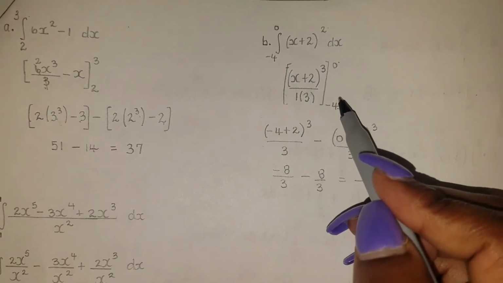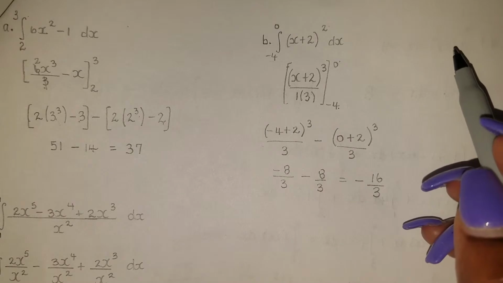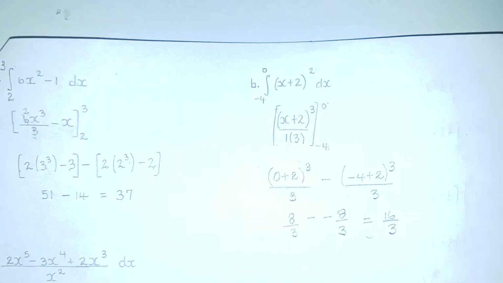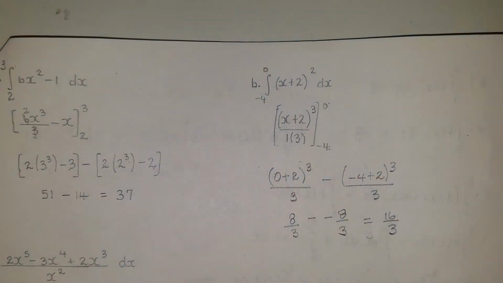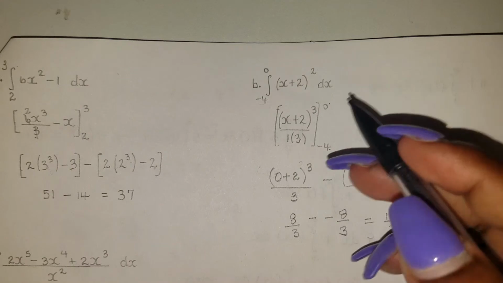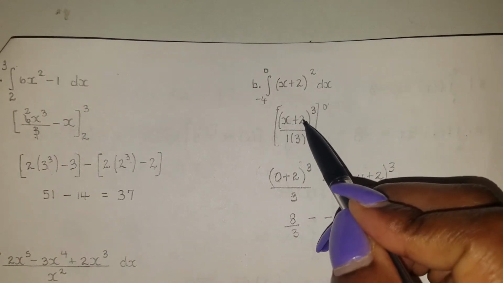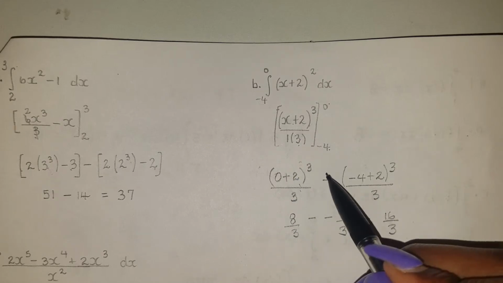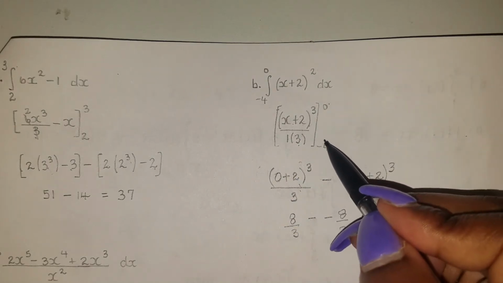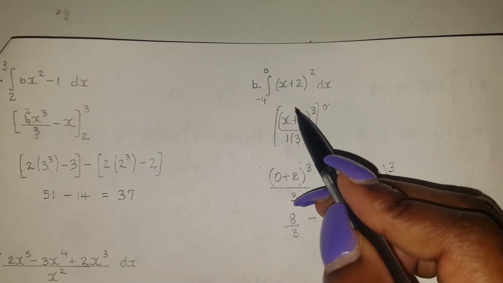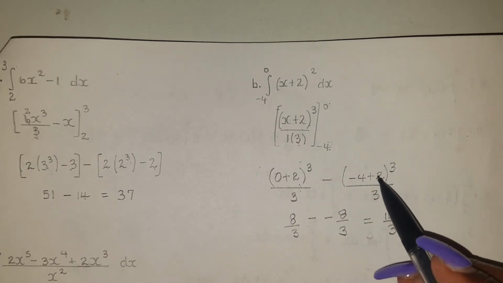So plugging in our upper limit, which is 0 in our first bracket, we have 0 plus 4 all cubed over 3 minus sign. Now for the lower limit, which is negative 4, will be negative 4 plus 4 all cubed over 3.